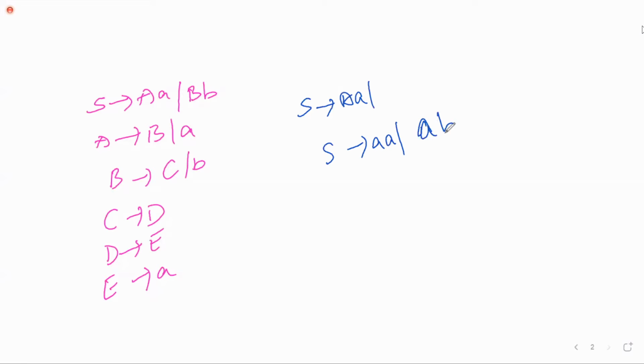No, ma'am, again small letters, or BB. Seema, why have you replaced this? I didn't understand. It is not having any unit production, no? Ma'am, once I took S tends to A and A, then again did the whole thing. Again I took S tends to B and B, then I did the whole thing again.